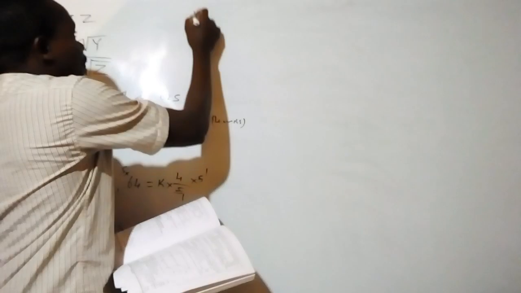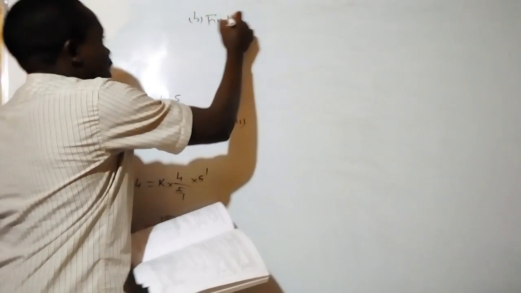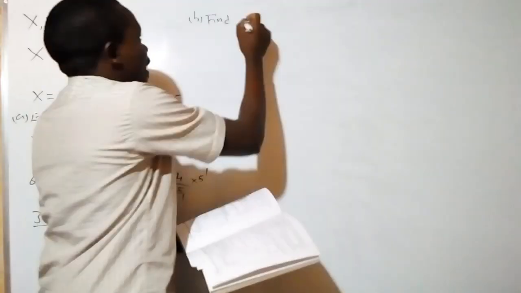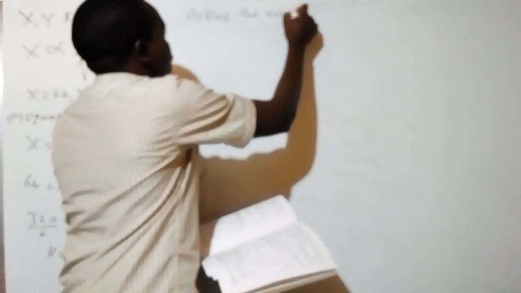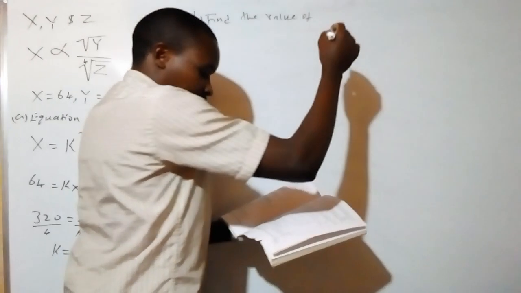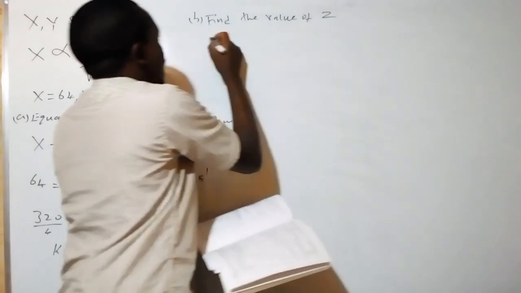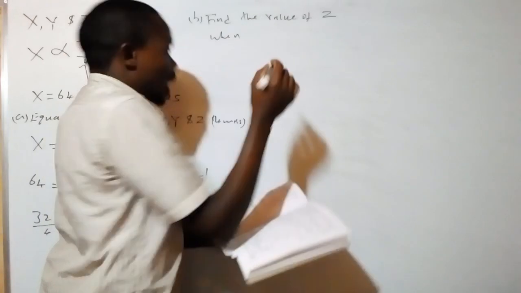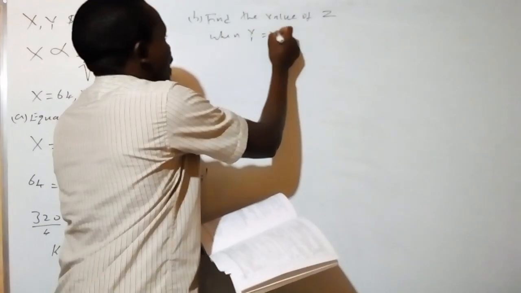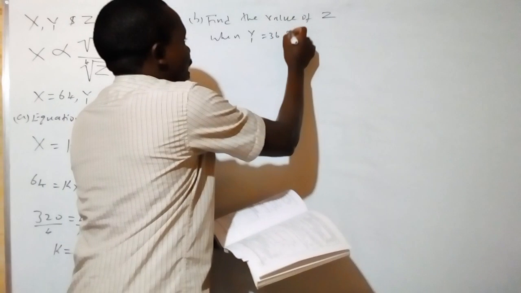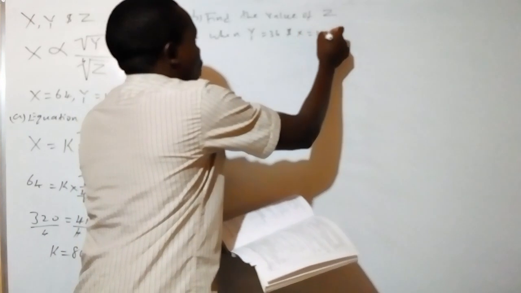Next, B, find the value of z when y is equal to 36 and x is equal to 160. You just need to substitute.